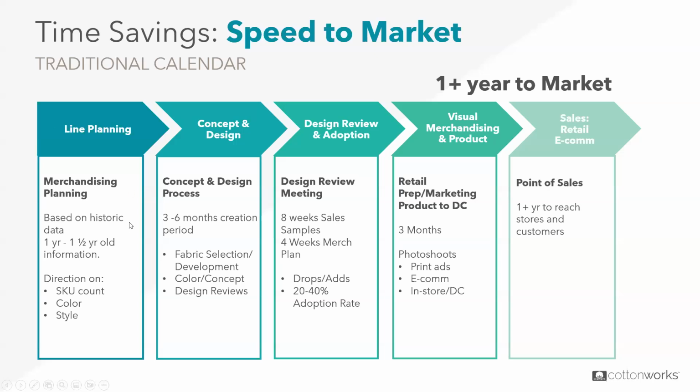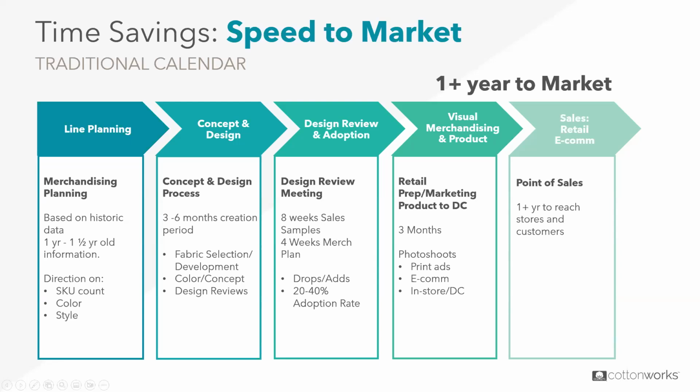And a few things to just look at here. In line planning, traditionally, decisions are made about styles, colors, and SKU counts that's based on data that could be over a year old. And then the concept and design process can be a 3 to 6 month period for just the design process, followed by 8 to 12 weeks for sample review.